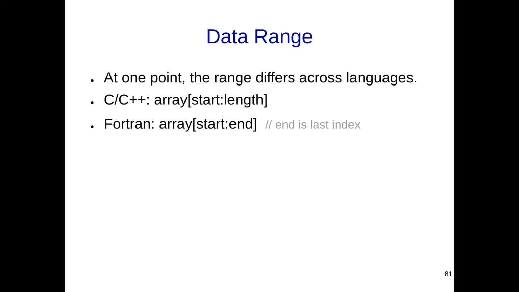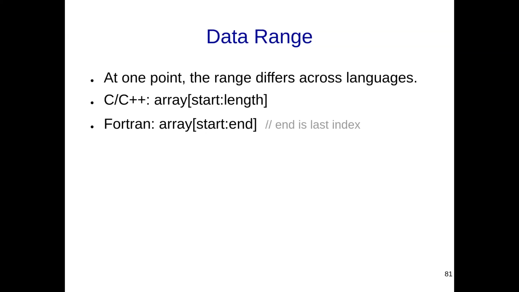Whereas in case of Fortran, the interpretation of the number after the colon is the last index and not the length. And therefore, if you start with 0, we have to write 0 colon n minus 1. Or since in Fortran you can start the array from any index, you can as well provide array of 1 colon n, where n is the last index. This is the one aspect which the Fortran programmers should be aware of. But otherwise, there is no distinction as far as other clauses are concerned.